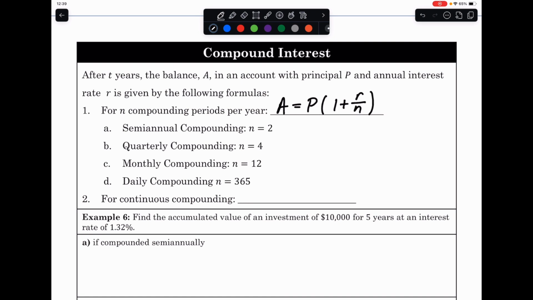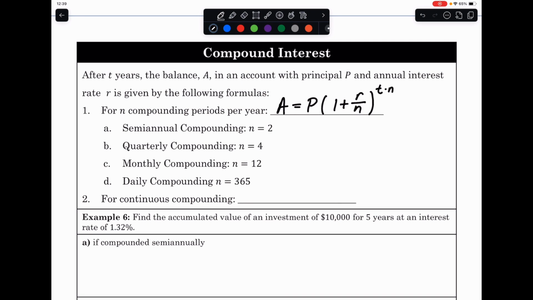All of this is raised to the power of n times t, so n times t number of times. And this is our compound interest formula.